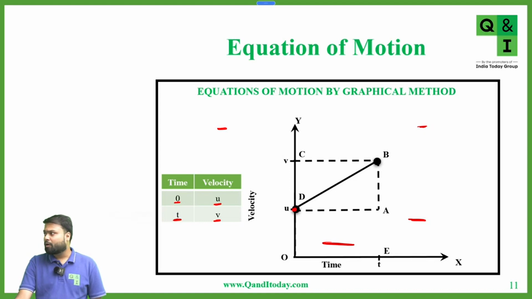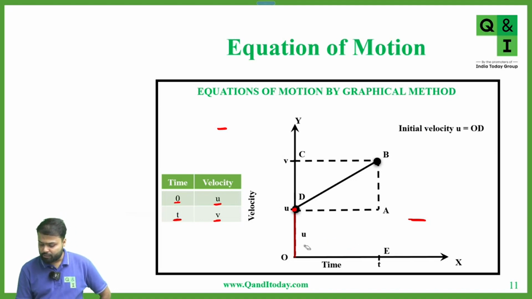I will explain, or you can see the recording also. So if we talk about the slope, slope is nothing but change in y coordinate upon change in x coordinate. So we know that here the initial velocity is u.